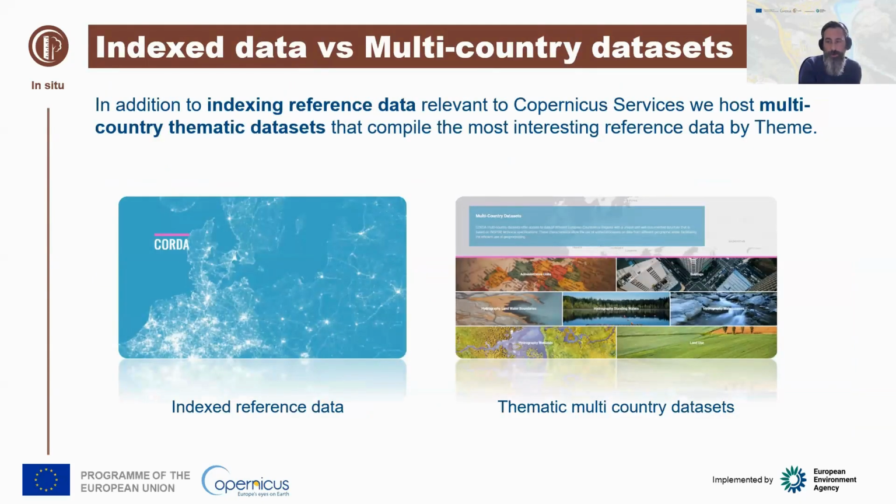So two kinds of data, let's say, in CORDA. The indexed reference data, as I mentioned, that is hosted at data provider level, but we link it into CORDA, make it available through a single entry point node, so it is accessible to services. And we also have the multi-country datasets.